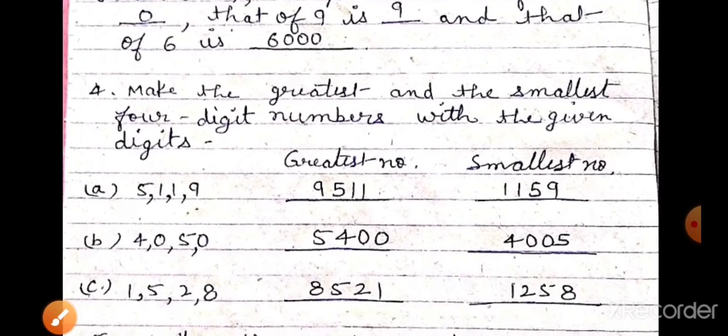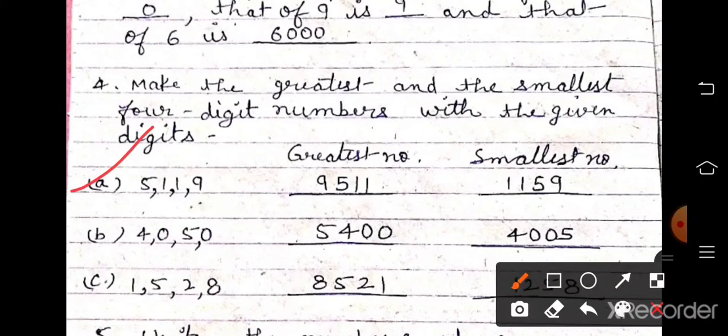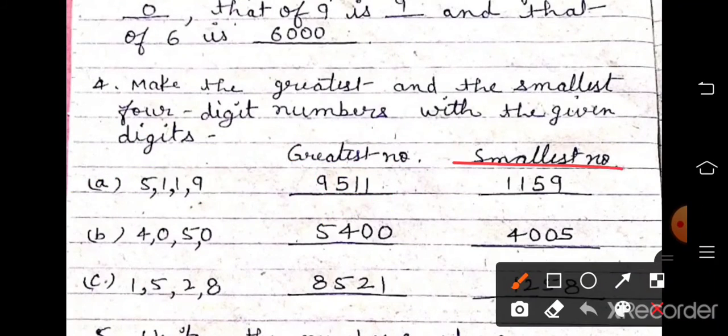Okay. Now question number 4, make the greatest and smallest 4-digit numbers with the given digits. So first 5119, for greatest number arrange the digits in descending order, means first write the largest number then the smallest number. Okay, 9511. And for the smallest number, write first the smallest number, 1159.